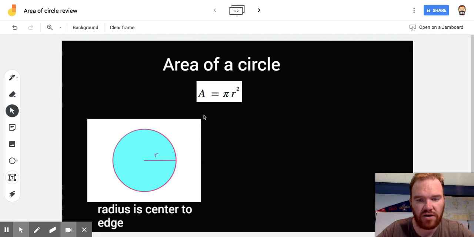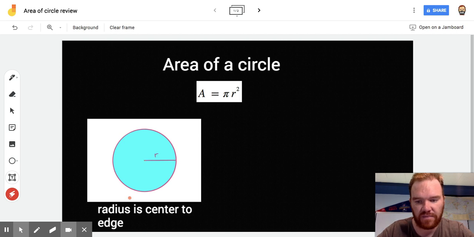Area. Area of a circle is the space inside of the circle. So it's all this stuff here. In this circle, it would be all that space that's in the turquoise or the light blue. That would be the area. We want to find out how much space is in there.